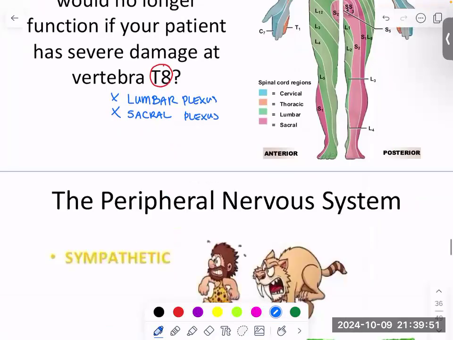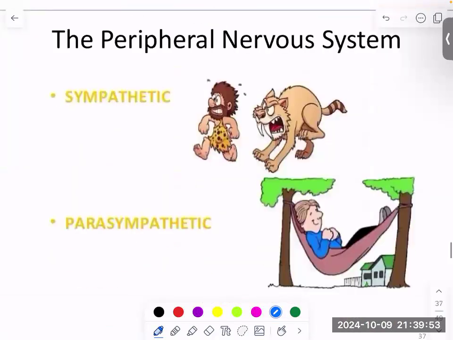The peripheral nervous system. Our autonomic nervous system. Before I move on, is this afferent or efferent? This is efferent. That means your autonomic nervous system is responsible for motor responses.